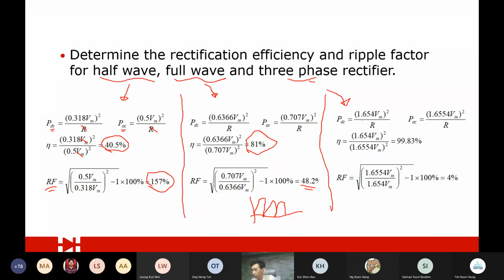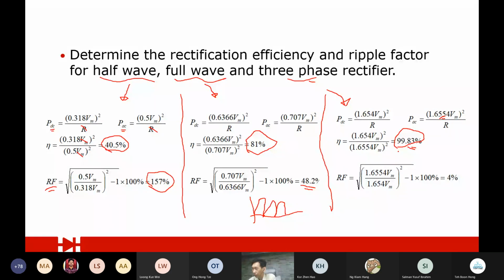Remember, with the two numbers very close, 1.654 and 1.6554. Remember this. Otherwise, you will get 100%, which is not true because this is already theoretical. So you will get a rectification efficiency of 99.83%. Remember, rectification efficiency and power conversion efficiency are two different things.